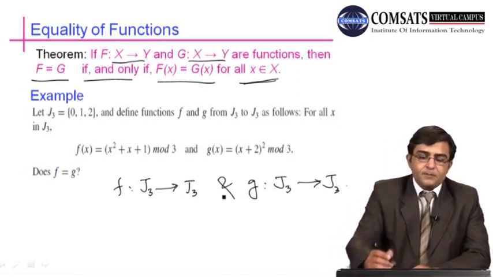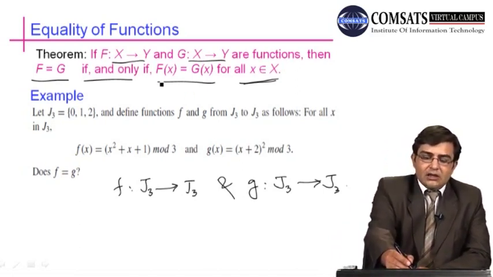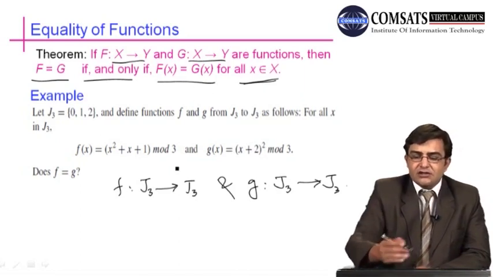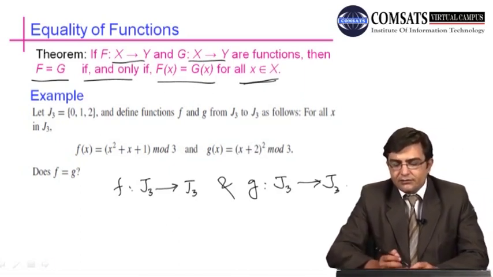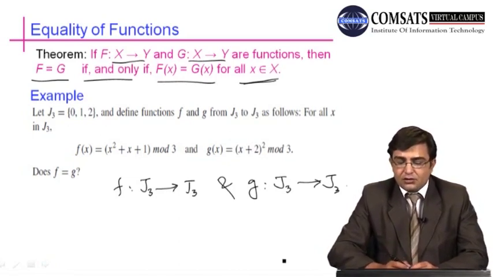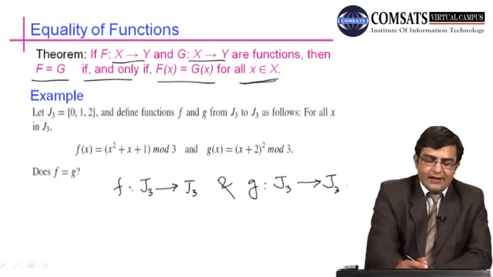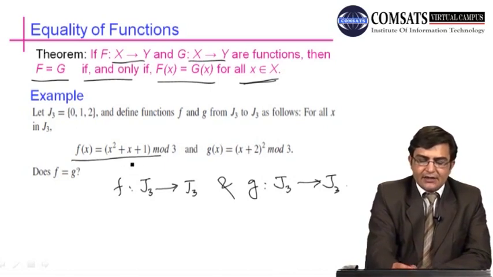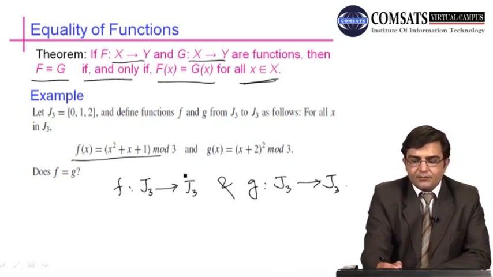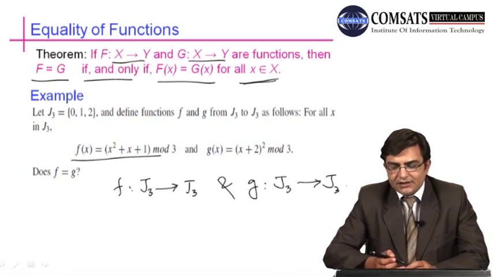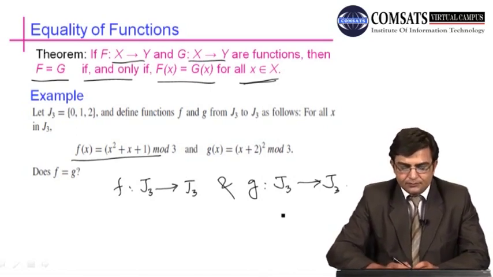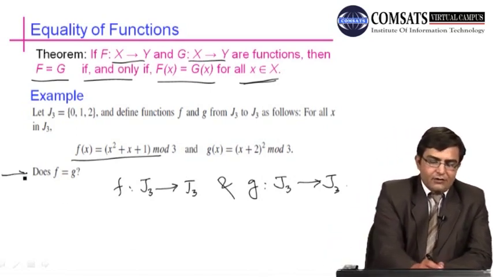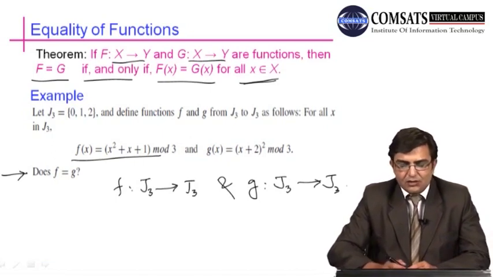Now we go further. We will try to find the images of both functions and see whether the images for all x belonging to X are the same or not. F is defined like this: f of x is equal to x squared plus x plus 1 mod 3, and g of x is x plus 2 whole squared mod 3. So is f equal to g or not?